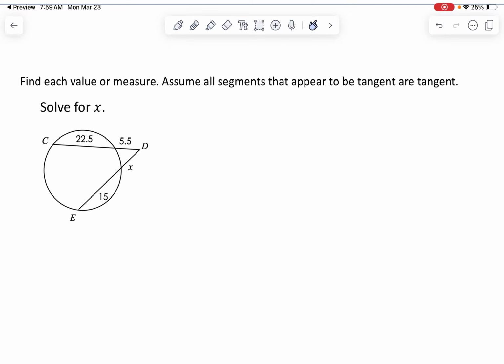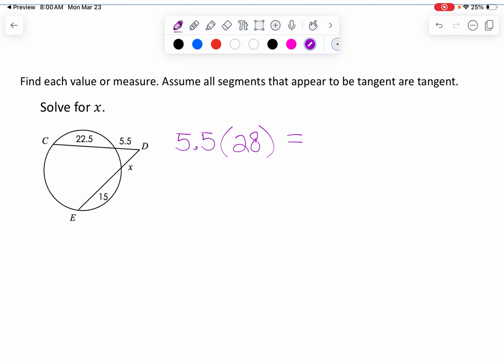All right, so if I do the top segment first, I get 5.5 times the whole thing, which would be 22.5 plus 5.5 would be 28, is equal to outside x times the whole thing, which would be x plus 15. Okay, so that's not too bad.